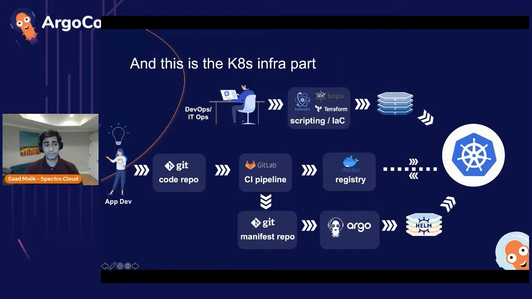In many cases, there is a separate team, generally a DevOps or an IT operations team, which is responsible for the lifecycle and management of the Kubernetes cluster. Typically these days, that entire cluster lifecycle is automated, either using some manual scripting or using Terraform. Generally the scripting and the Terraform will have all the necessary plumbing to provision an end-to-end cluster.